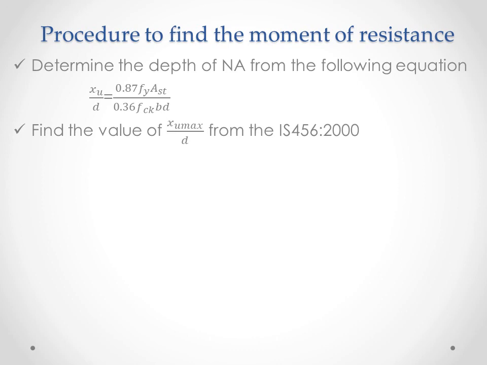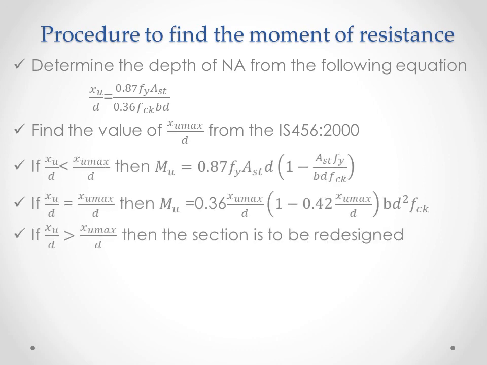After that, we check the three case conditions. If xu by d is less than xu max by d, we will use the moment of resistance equation of tensile, where the tensile strain is more, that is 0.87 fy Ast d into 1 minus Ast fy by b d fck. This is the under reinforced section. Next is the case of the balanced section, that is xu by d equal to xu max by d.